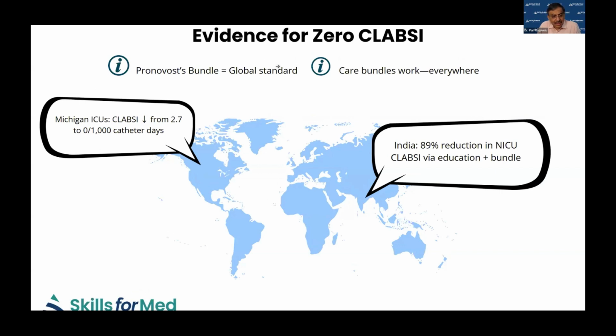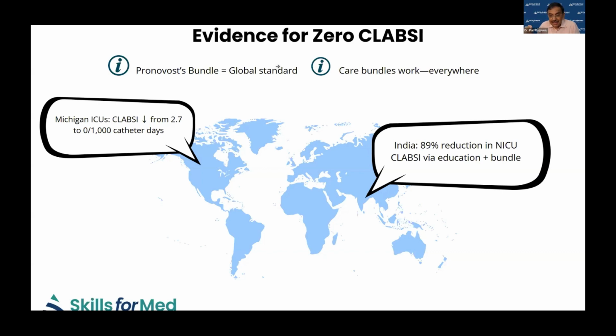This was a study from Michigan, known as the Michigan Keystone Study about CLABSI. It was done by a doctor called Peter Pronovost. It has become so popular that it is known as the Pronovost bundle. The bundle is named after him, but this is so important that is the reason why his name is before the bundle.